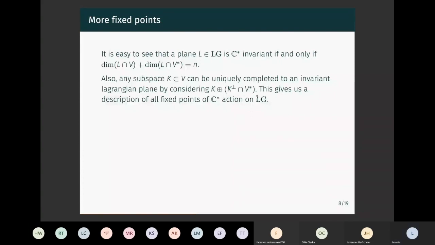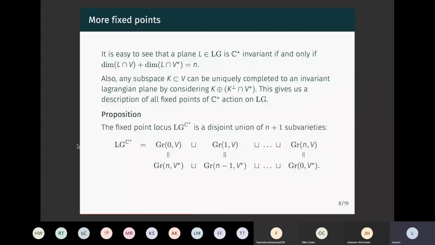And this correspondence is one-to-one. So this gives us a description of all fixed points of the C-star action, and the description is very easy.